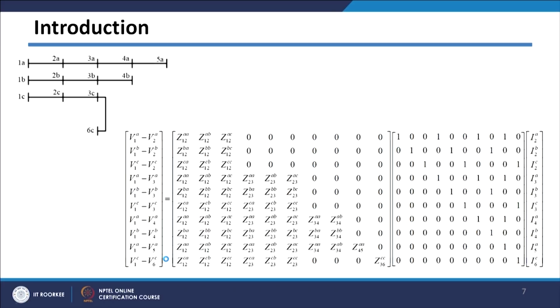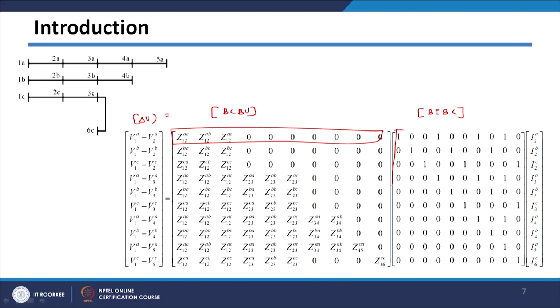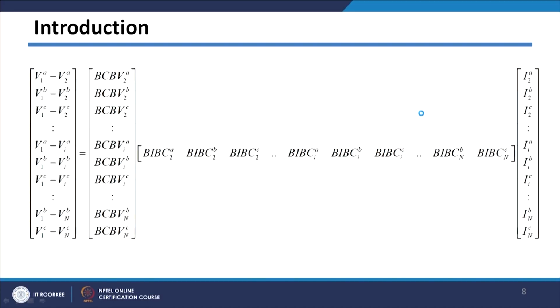If you write your BIBC matrix and BCBV matrix, we have seen that delta V is equal to BCBV into BIBC. We have converted this BCBV into various rows, and this BIBC into various columns, and if you do that, we get this structure.